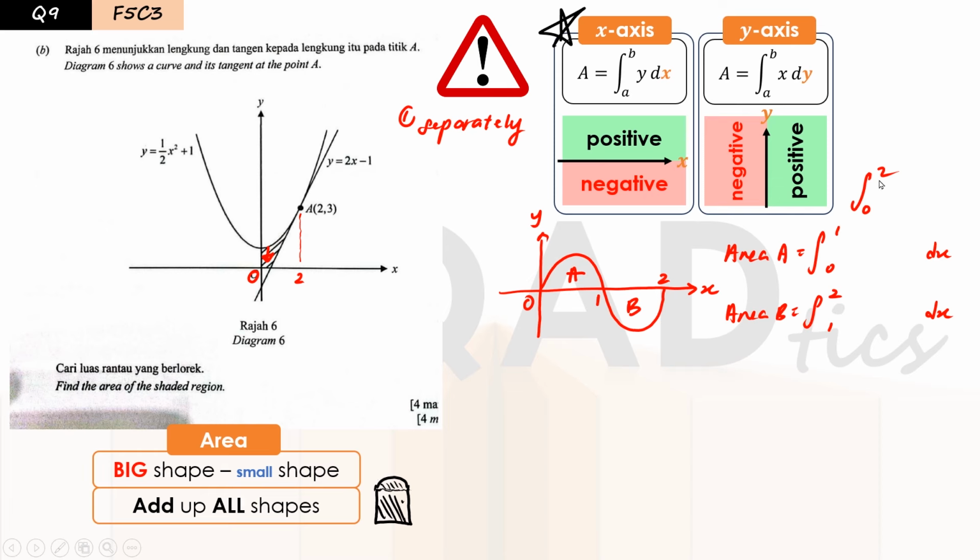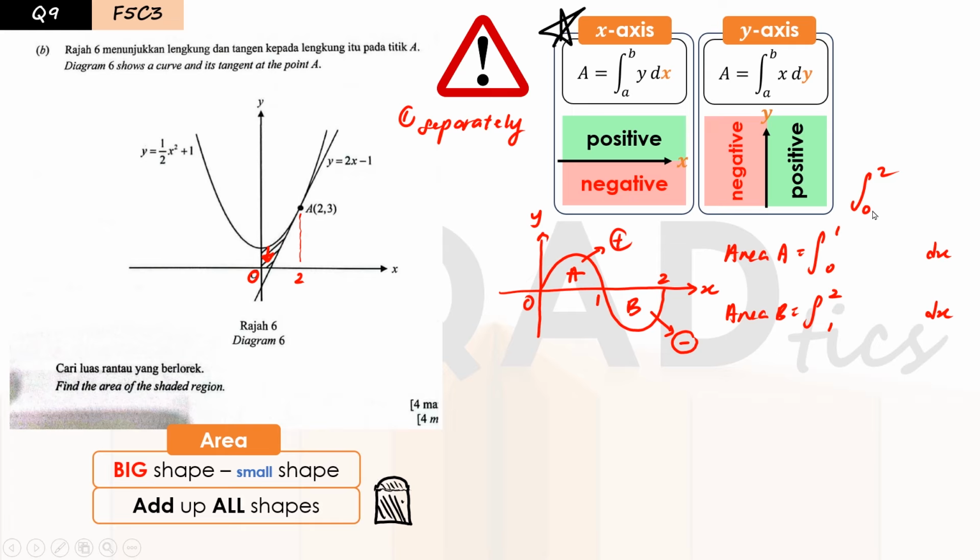The reason we cannot do this is that when we integrate from 0 to 1, you will see that it is a positive value. The areas which are above the x-axis, the values would be positive. But if we have areas below the x-axis, their values are negative.